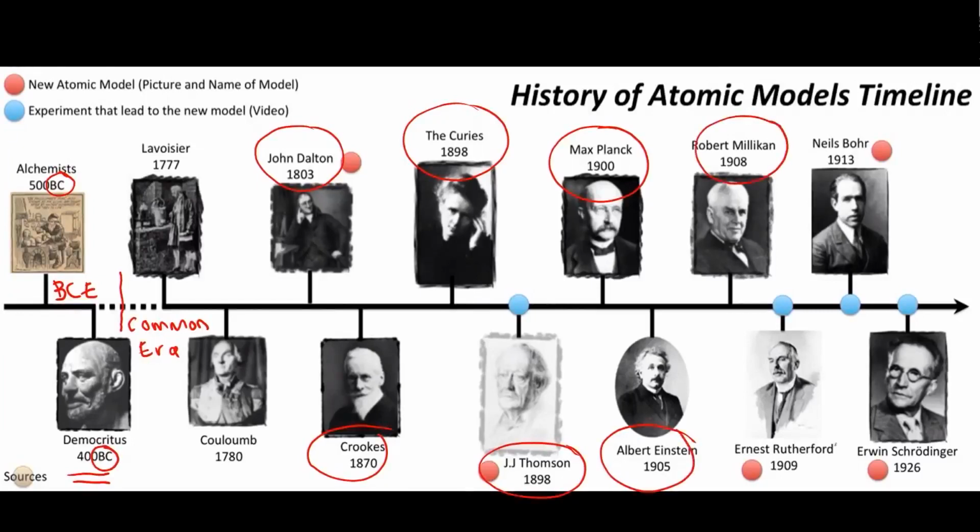Millikan, Ernest Rutherford, we've got Niels Bohr, and then we've got Erwin Schrödinger. So we're going to look at a few of these people and what they contributed to our knowledge of the atom today. We're going to look first of all at our Greek people, the Greek philosophers.